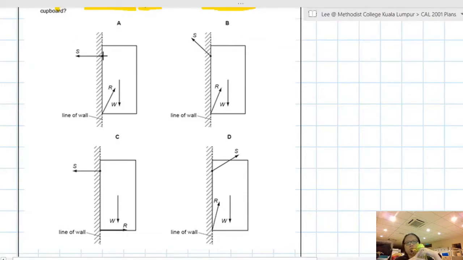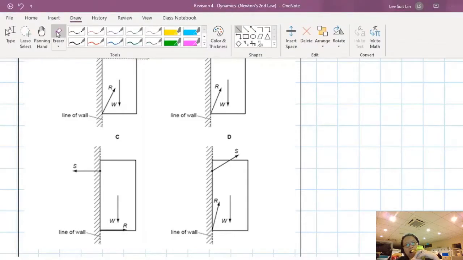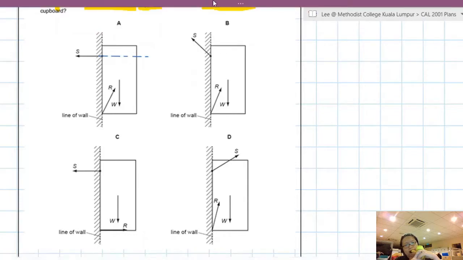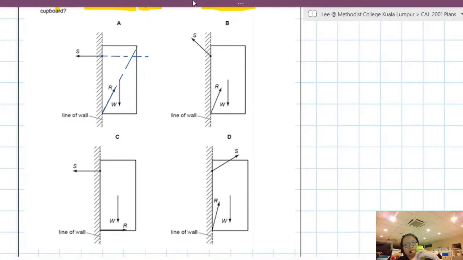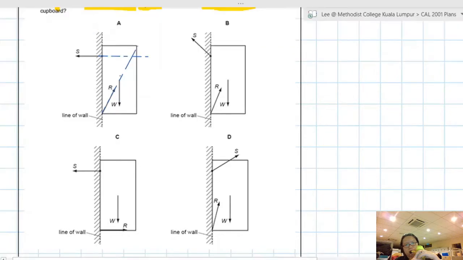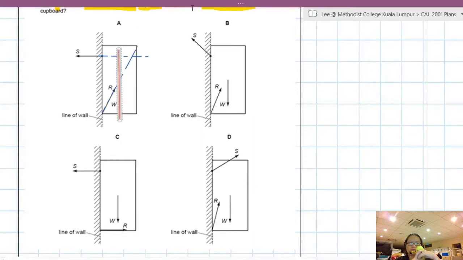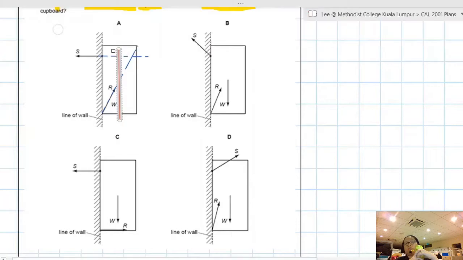So right now I'm going to do what I told you to do, which is to draw a line starting from S. Okay. And then starting from R and then from W. Actually, the good thing about doing this is that if you have one node like me, you can actually move it around so that you get a better understanding of the triangle of forces.